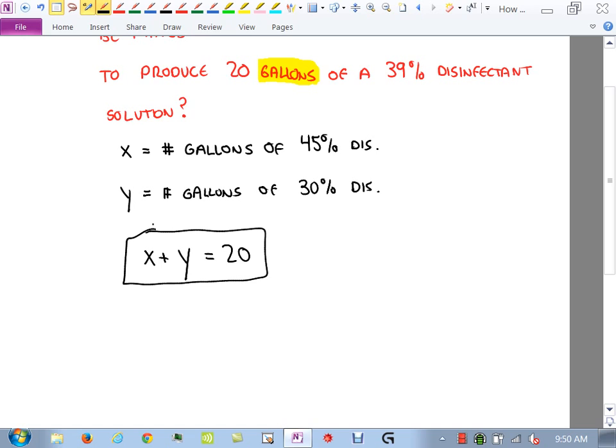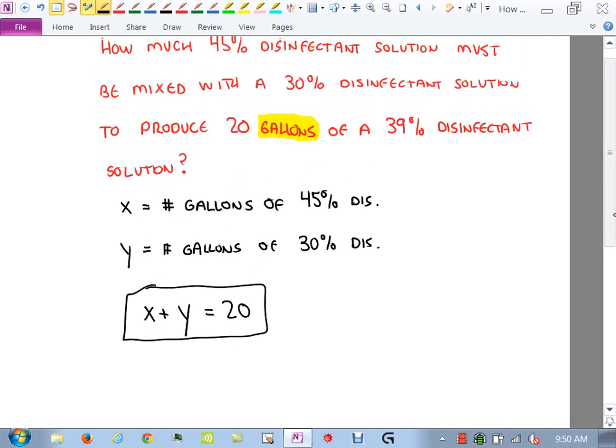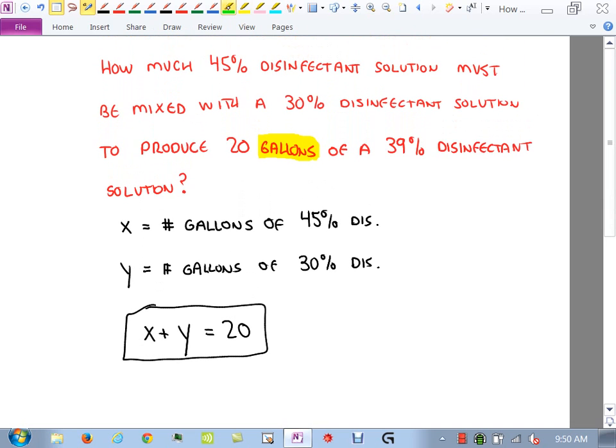Now the next equation comes from their concentrations. So let's see if we can do it without thinking too much about it. The first part of the equation comes from the 45%, right? And that 45% goes with which variable? X. So instead of 45, I have to turn it to a decimal, and I put what? 0.45 what?